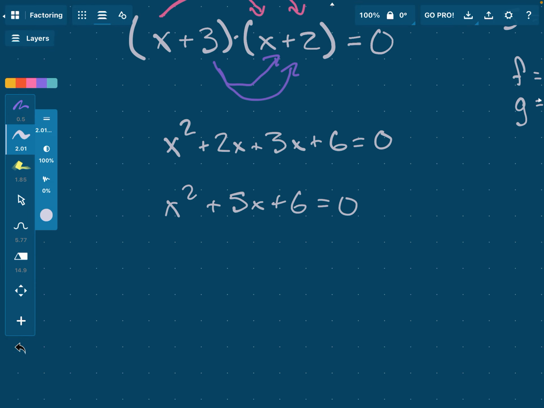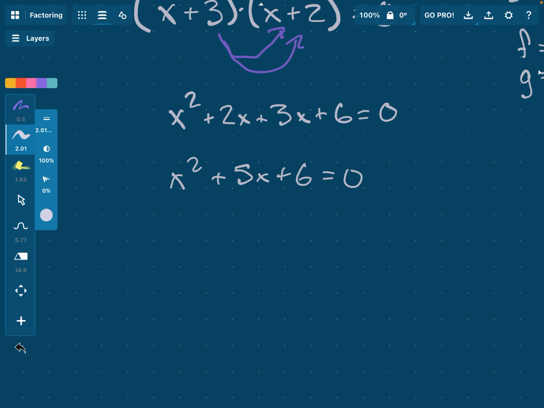So now that we have these, we can do a nice little property called the zero product rule. And what that means is, since we're multiplying these two binomials together, when one of these binomials is equal to 0, the whole equation becomes equal to 0.